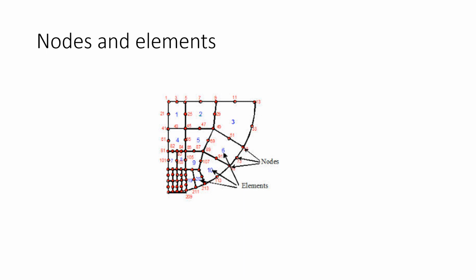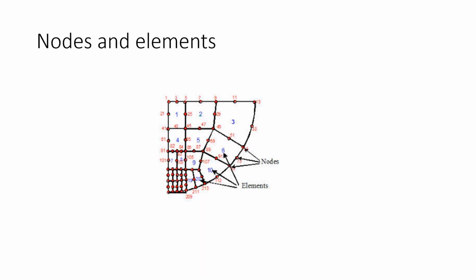Let us see what is meant by nodes and elements. Look at the figure. It's a quadrant of a circle that is divided into small parts. Those small parts are known as elements, of different shapes, rectangular as well as unsymmetric shapes.